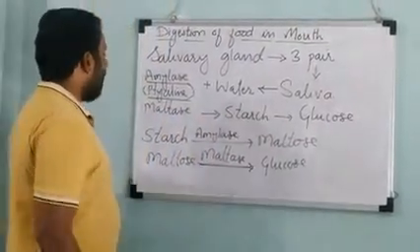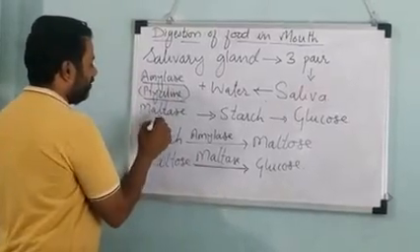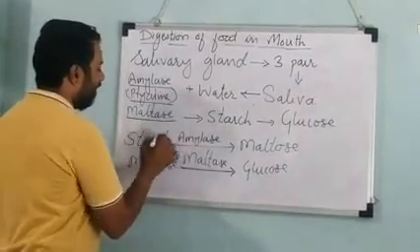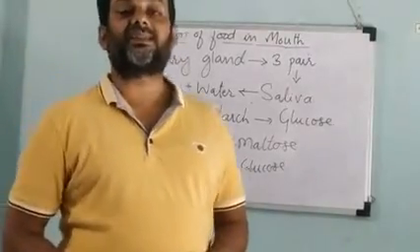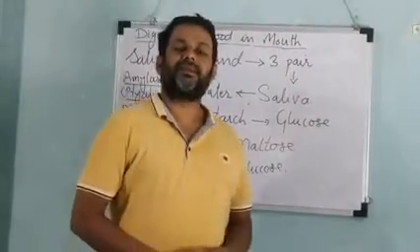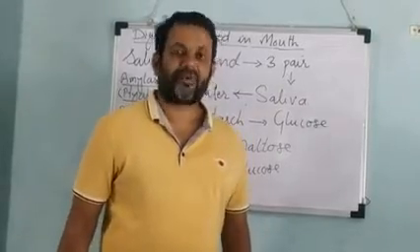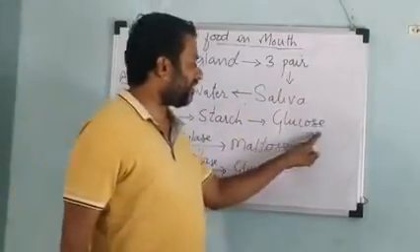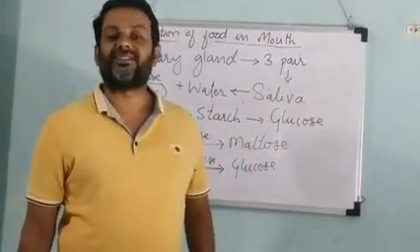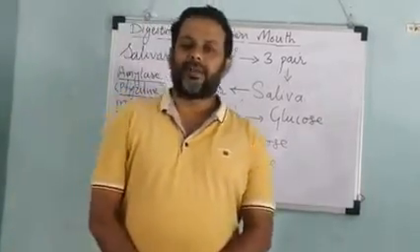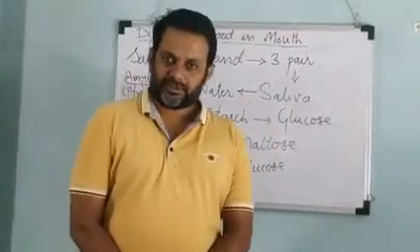Apart from this salivary amylase, there is one more enzyme present in the saliva, which is maltase. Remember, whenever there is ASE in the name, it means it is an enzyme, and whenever there is OSE, it means sugar. Remember there is a relation between the enzyme and the sugar. For example, maltase will act on maltose.